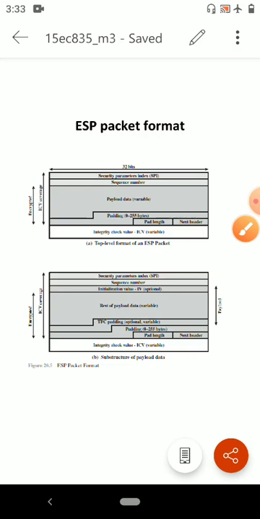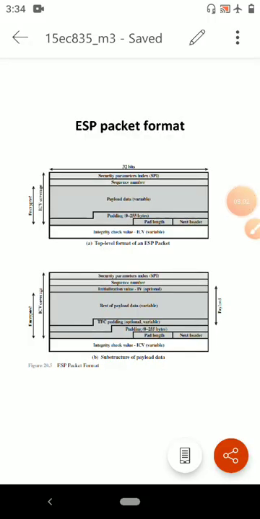Next one is integrity check value. It is a variable length field, must be an integral number of 32-bit words, that contains the integrity check value computed over the ESP packet minus the authentication data field.